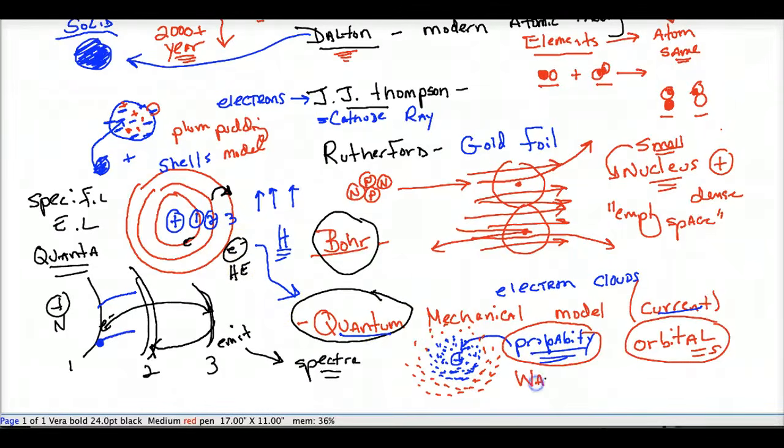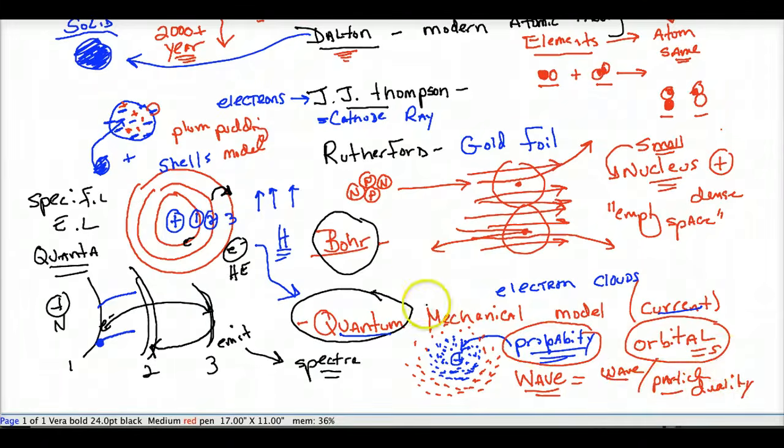In this wave or mechanical model, electrons are behaving more like a wave. And sometimes you'll hear the wave-particle duality. And that's part of the quantum revolution: electrons behaving as a wave and as a particle.